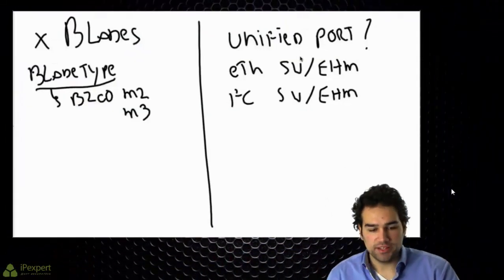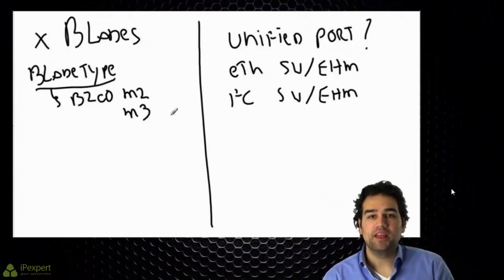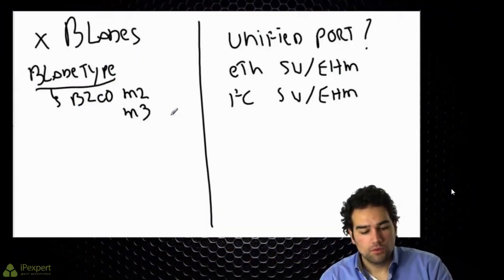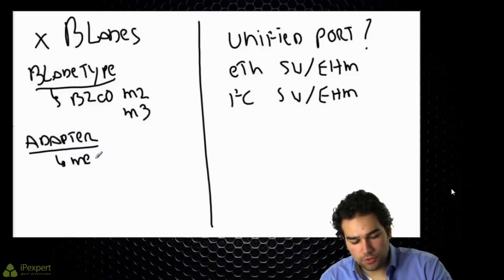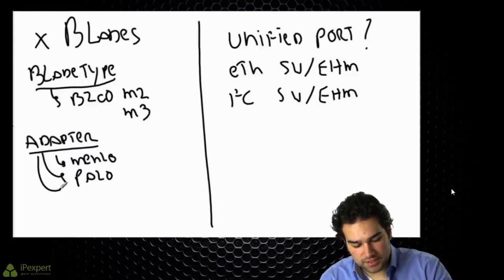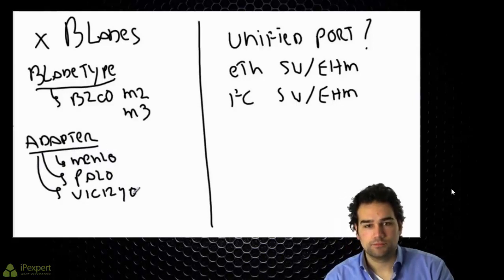So back to our checklist. Verify what blade you are running. More importantly, what is the adapter in the blade? Is blade 1 a Menlo card, or a Palo card, or a VIC 1240? Check this.